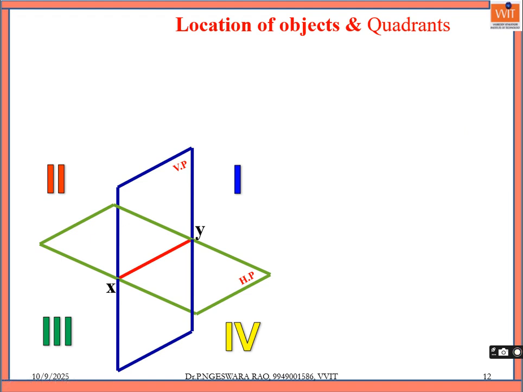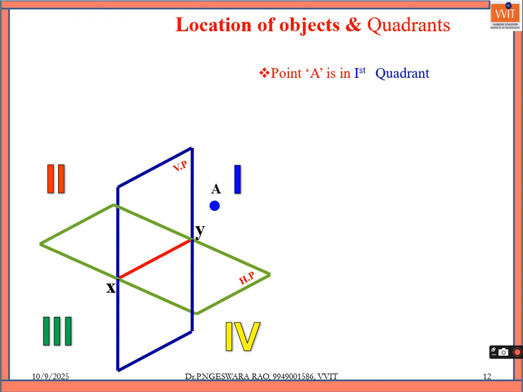Now the point A, the object is a point here. In which quadrant is it? By visual observation we can say that it is in the first quadrant. But we need to define the point A with respect to both reference planes, the vertical plane VP and the horizontal plane HP.